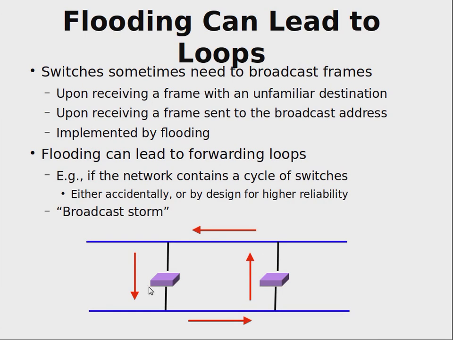What may happen inside such a loop is that Ethernet frames are resent forever, because what one switch receives is sent to the next switch, and then it resends again. And one day we got a network problem: first our network in the office became slower and slower and slower, and then it actually halted.